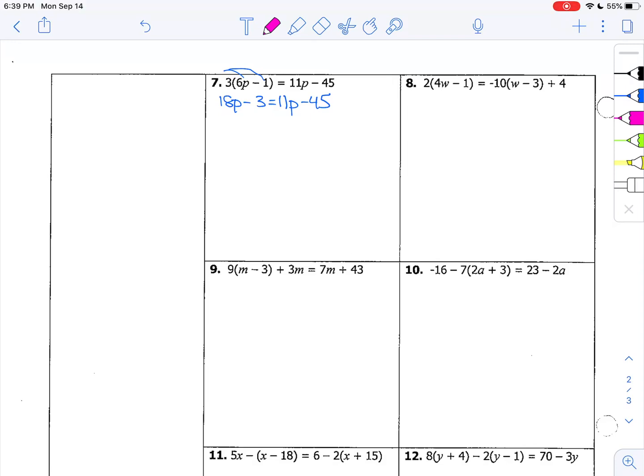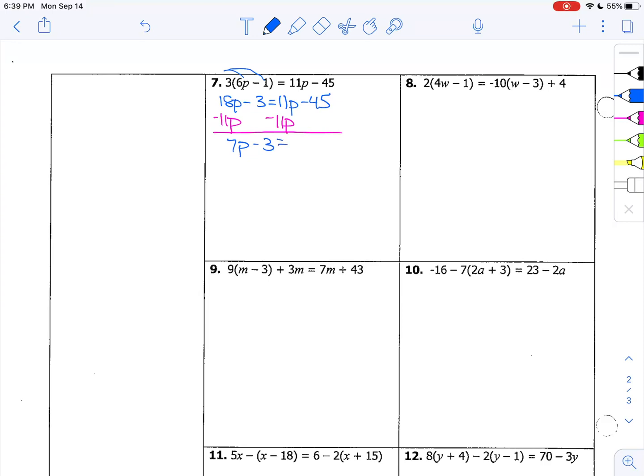Remember, to move anything across the equal sign, we need to do the opposite operation. So instead of 11p, we have minus 11p on both sides, lining up our like terms. 18p minus 11p is 7p.